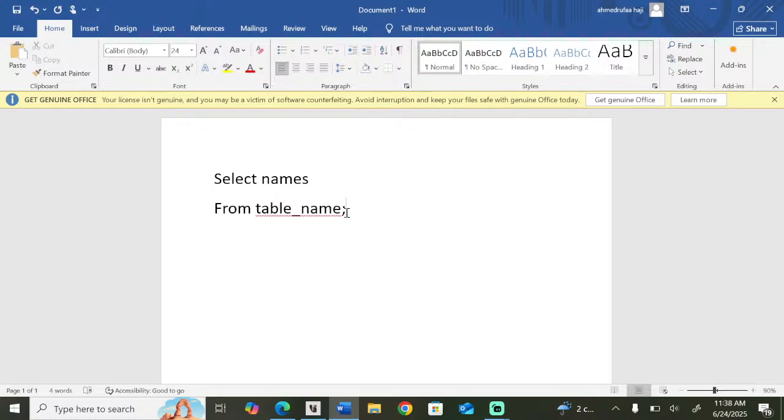When we open our DBeaver, just a minute, let's open our DBeaver. I cannot see my DBeaver. Let me just open my DBeaver.